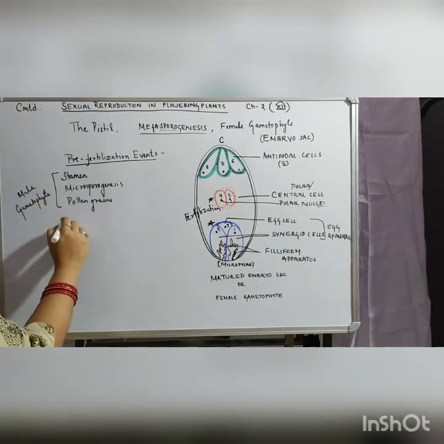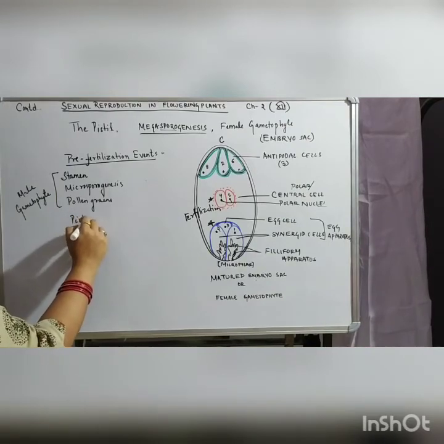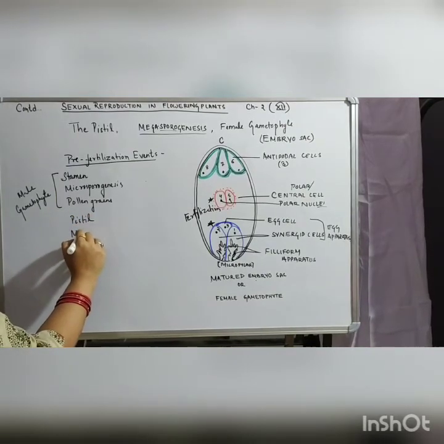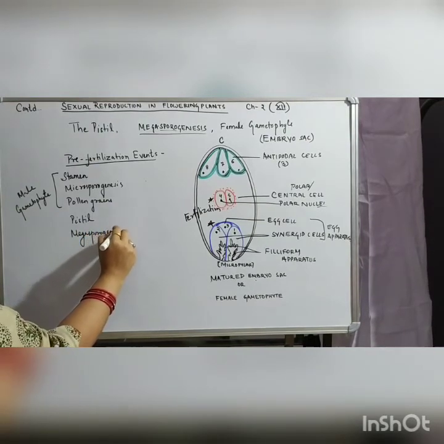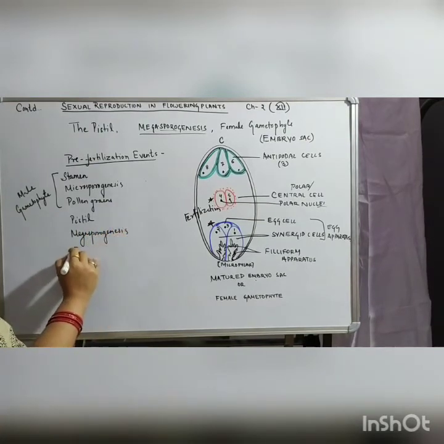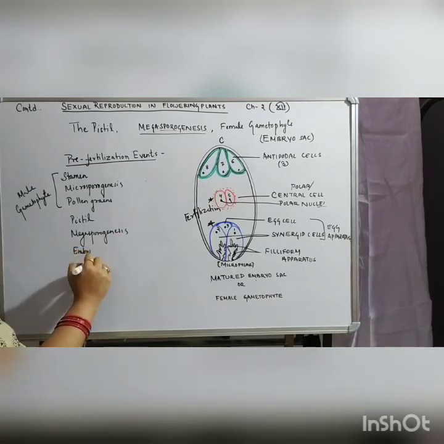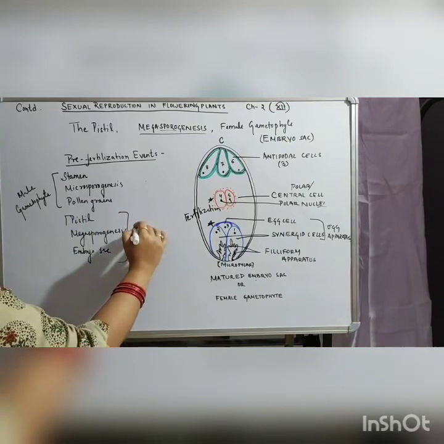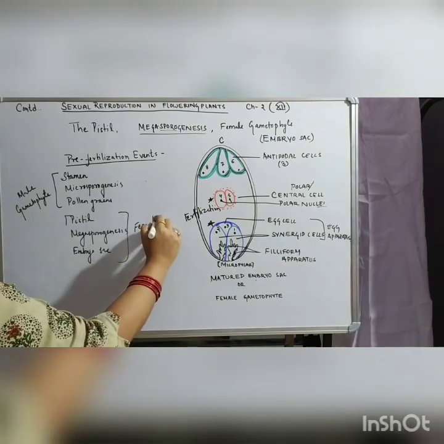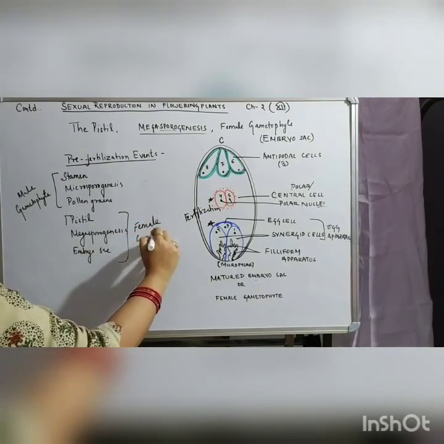Then we started with pistil, megasporogenesis, as well as embryo sac. These three accounted for female gametophyte.